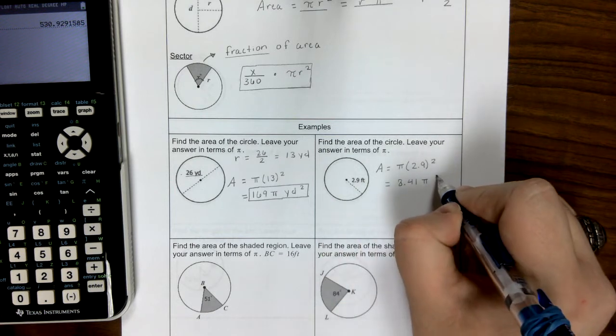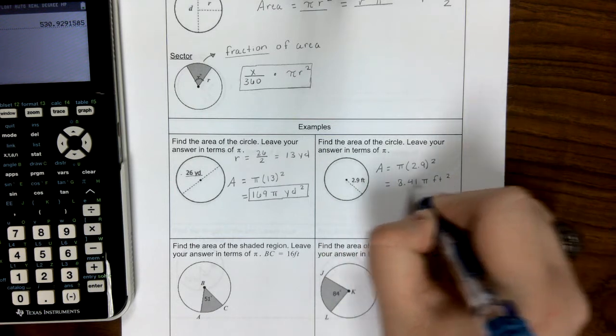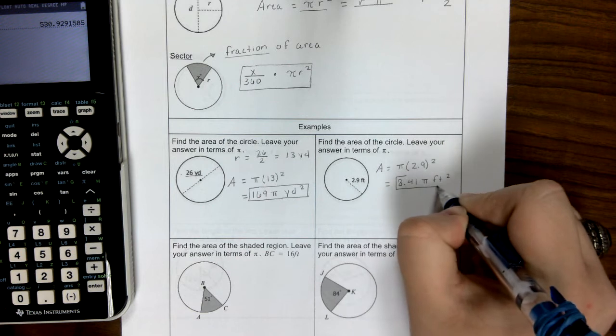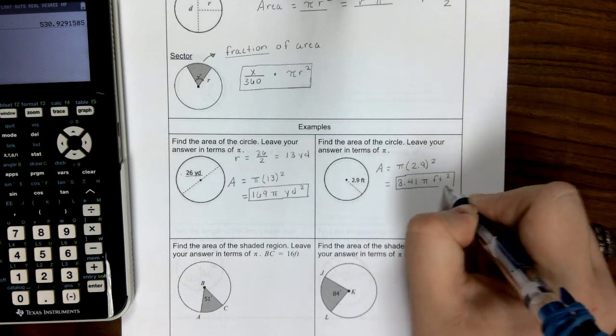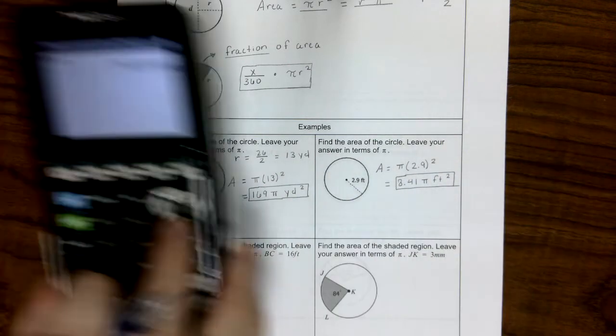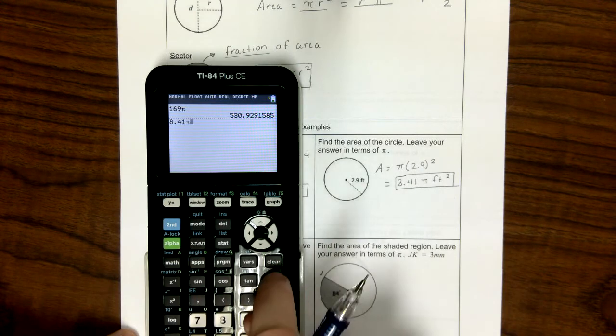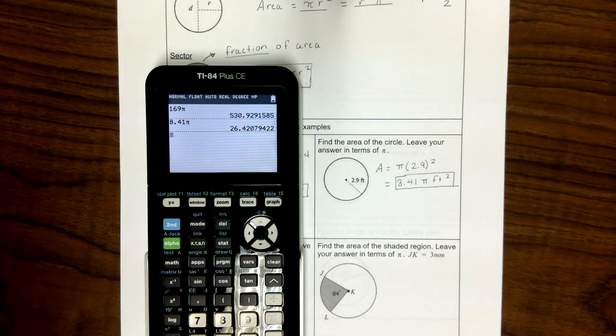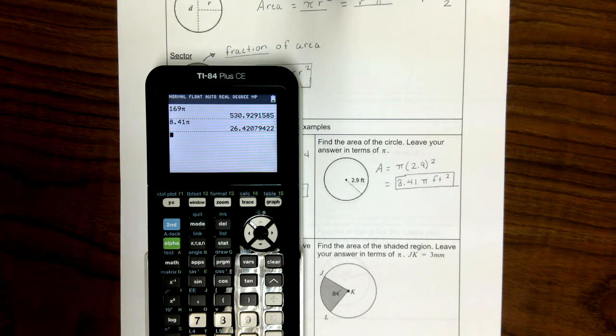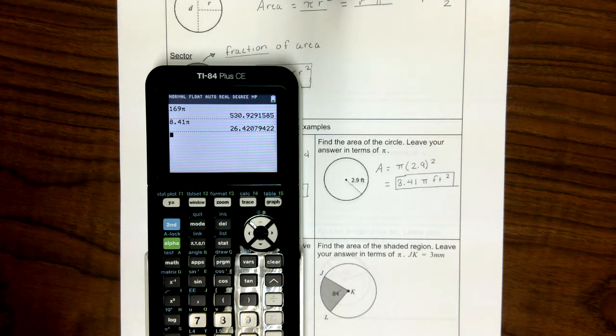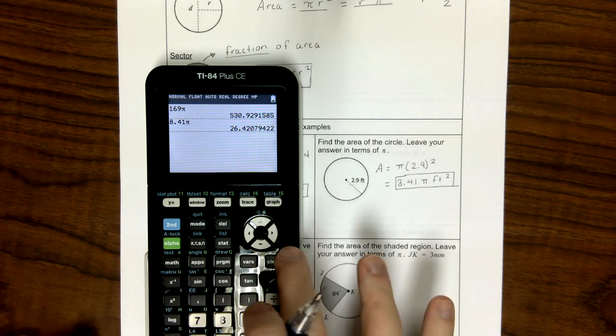And notice I have feet, so this would be feet squared. And again, if you really want to know how much that is, just type it in. So that's about 26.4 square feet inside that circle, roughly.